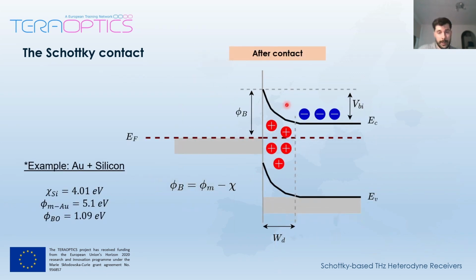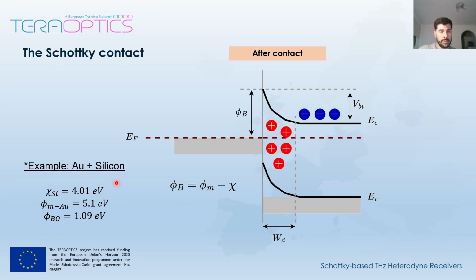That progressive migration of electrons causes a band bending in the semiconductor, and as a result of that, we have an energy barrier from the metal to the semiconductor side and also from the semiconductor to the metal side. The second one is typically called the built-in potential. Now, the barrier height can be calculated in an ideal case by just the metal work function and the electron affinity of the semiconductor.